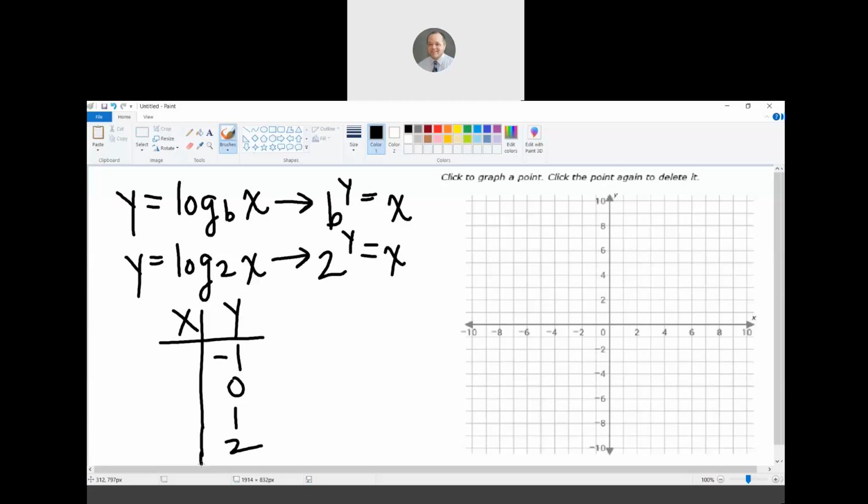When we plug in -1 for y, we get 1/2 for x. So that is going to be roughly right there. I'm off a little bit. When y is 0, we have 2 to the 0 power, which is 1.